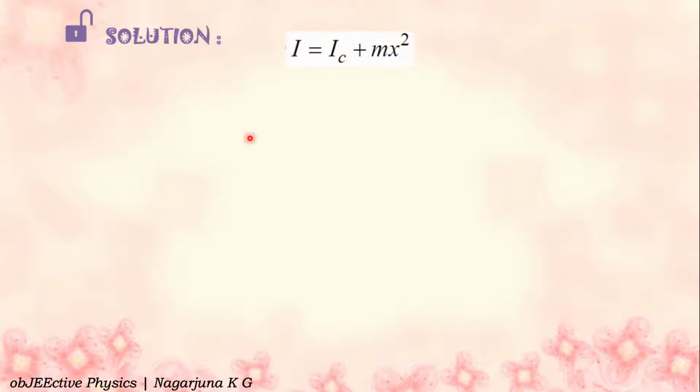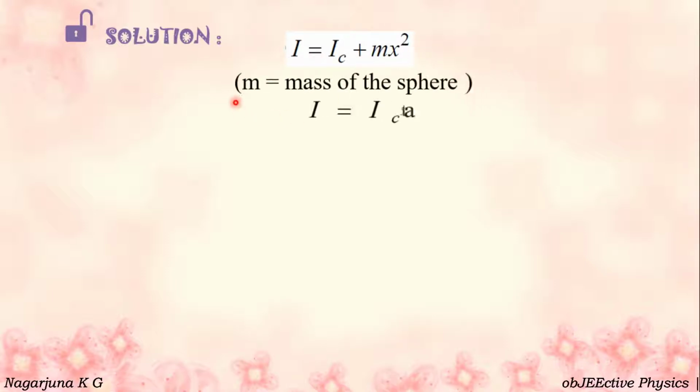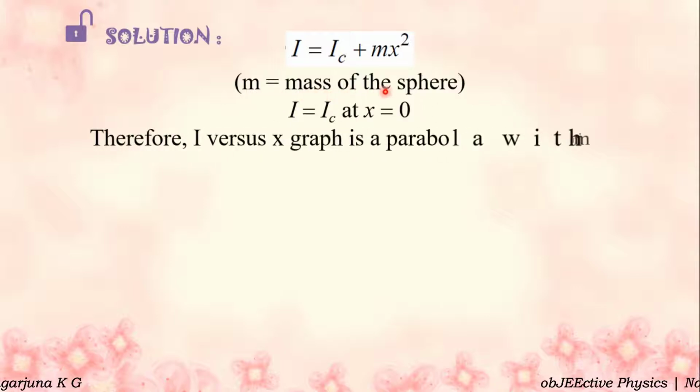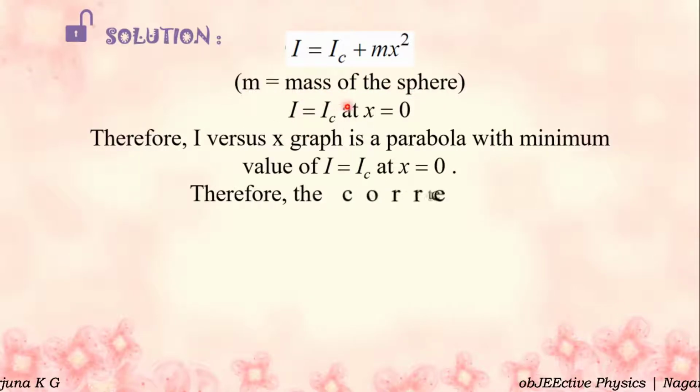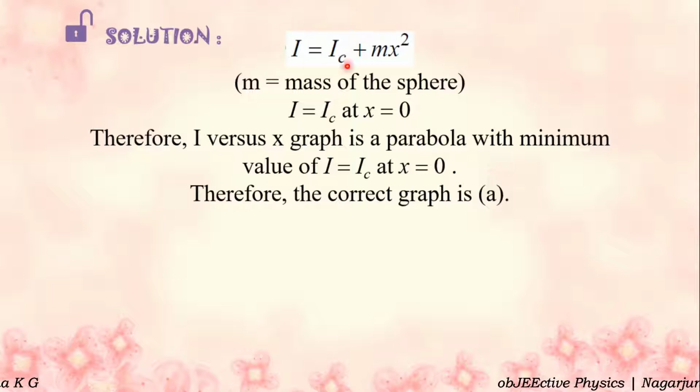Solution. We know that according to the parallel axis theorem on moment of inertia, I is equal to I_C plus mx square, where m is the mass of the sphere. In the above formula, if we substitute x is equal to 0, the second term becomes 0.